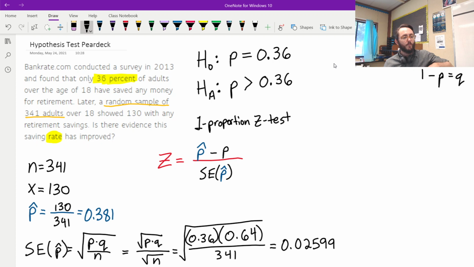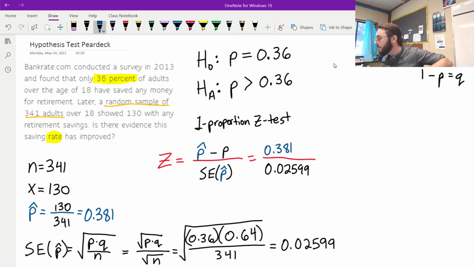Okay, so now let's substitute everything into our z-score. Our standard error, 0.02599, p hat, 0.381, and p, 0.36.